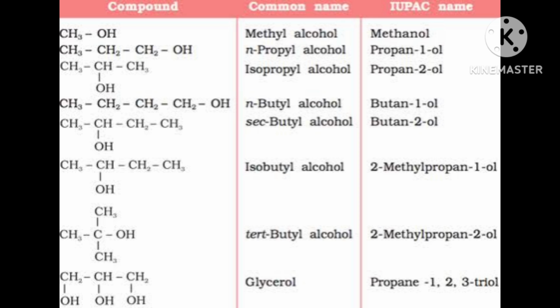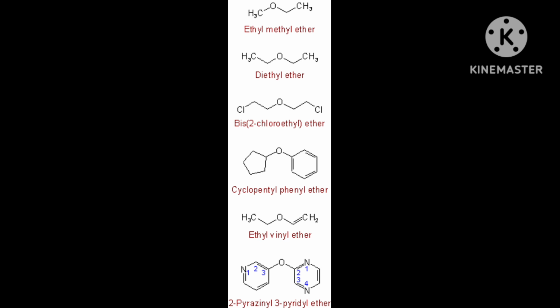Iso, we are not telling only propyl, because methyl is a branch. Methyl is attached as a branch. That's why methyl isopropyl ether. Okay. This is actually the common name I told you.